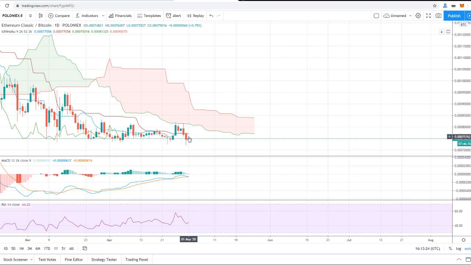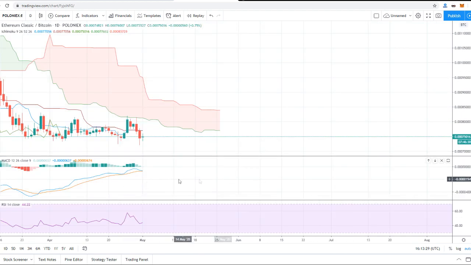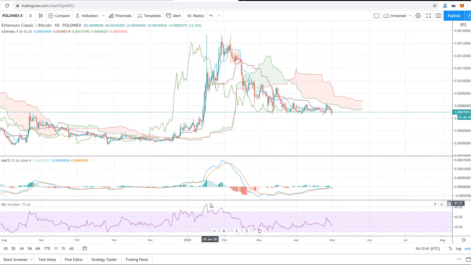On the MACD, we are having bearish divergence. RSI is not giving us any direction right now, it's neutral, I would say. Here you can see that it was overbought, so it went down. But keep in mind that trends tend to go on for a longer duration.